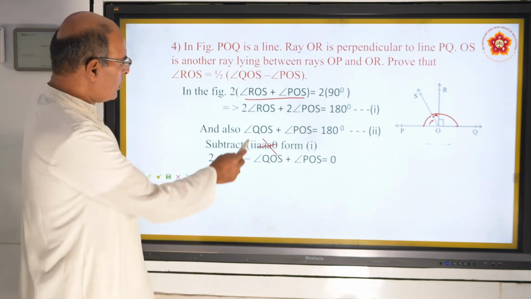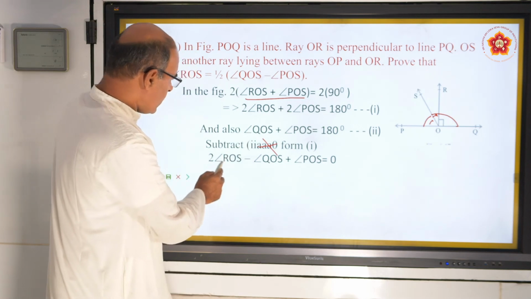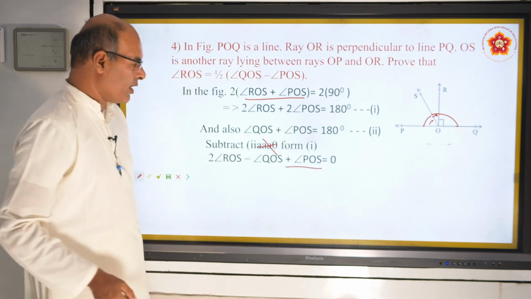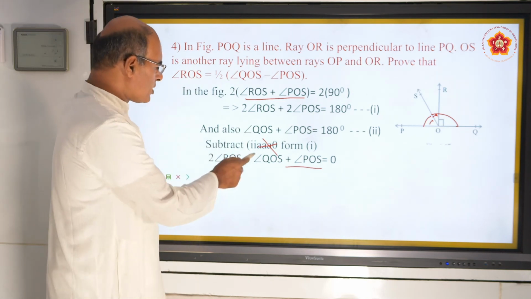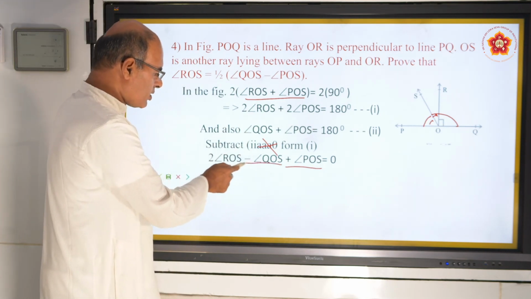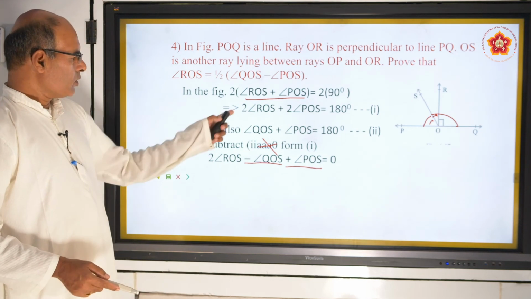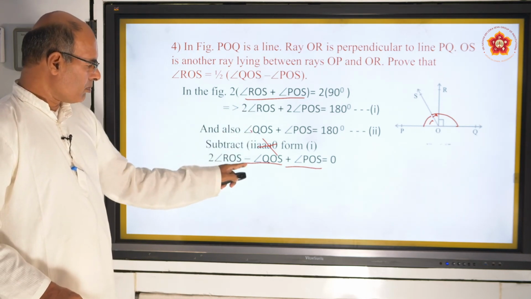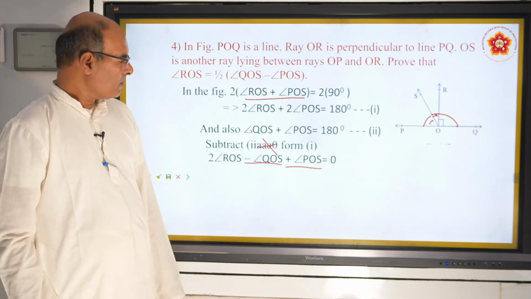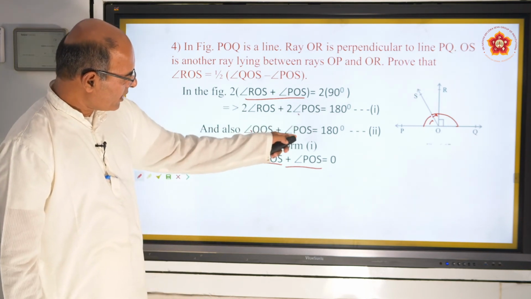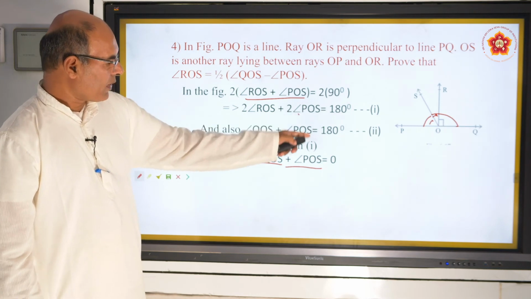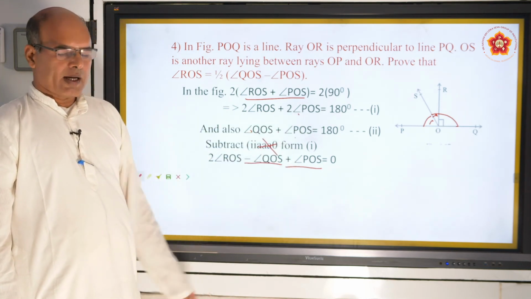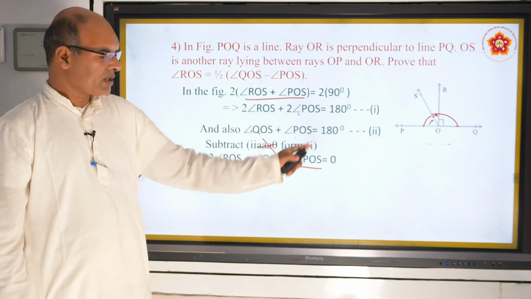So we get here 2 ROS as it is, 2 POS minus POS, that is POS, and QOS we are subtracting, therefore it is minus QOS. So 2 ROS as it is, minus angle QOS, and 2 times angle POS minus 1 time of angle POS gives angle POS, is equal to 180 minus 180, that is 0.